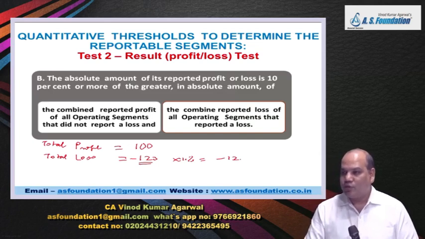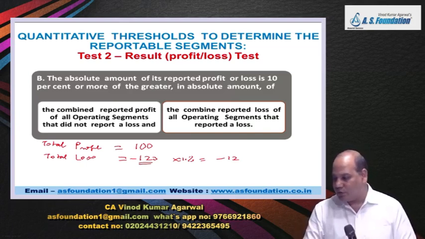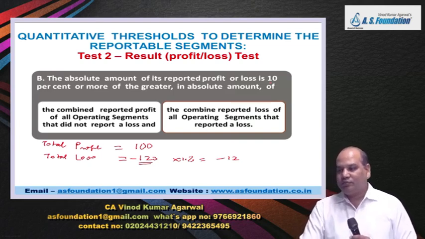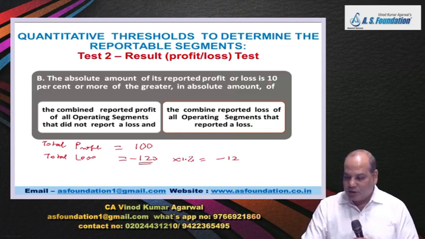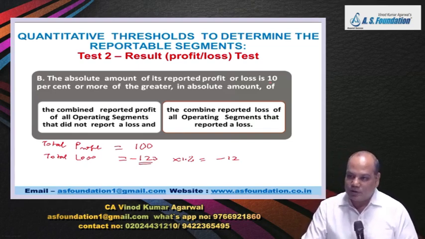Now any segment whose profit or loss is 12 or more, ignoring negative sign, is a reportable segment. So 10% of the total profit or 10% of the total losses, whichever is higher, will be taken. And then those segments which exceed this limit are reportable segments.